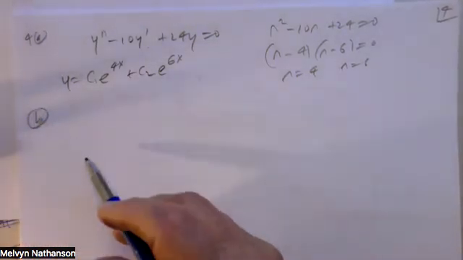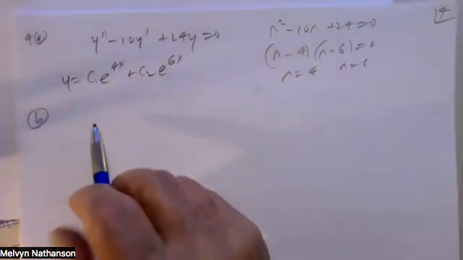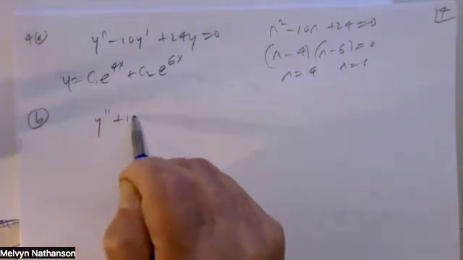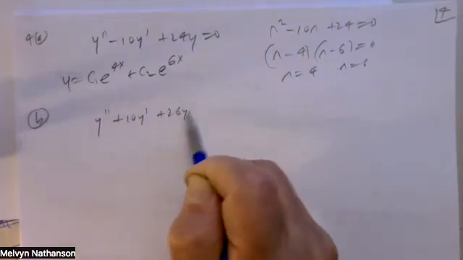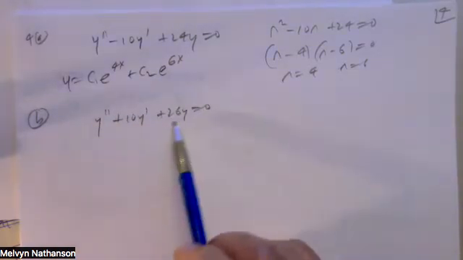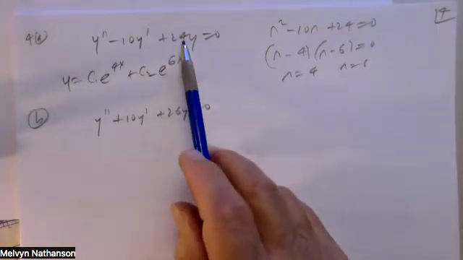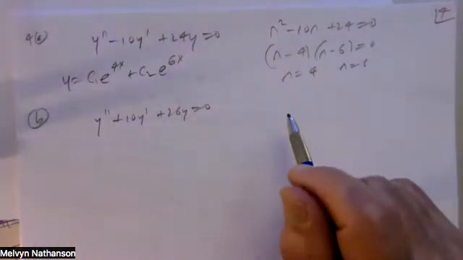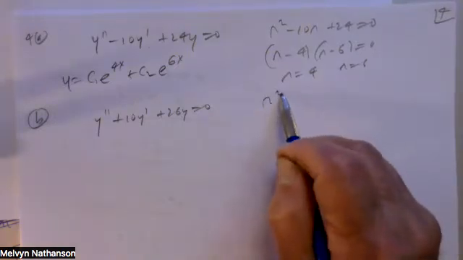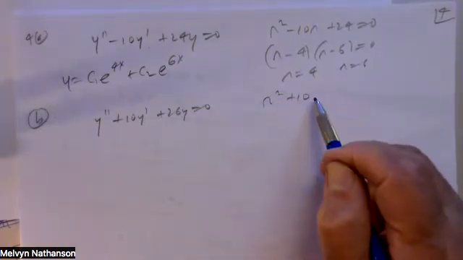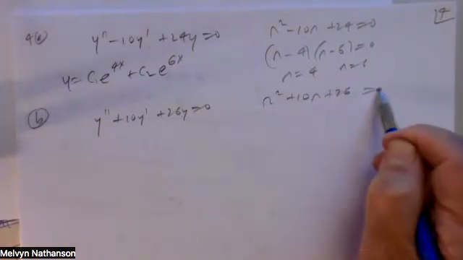Okay. In part B, we have another linear differential equation, y double prime plus 10y prime plus 26y equals 0. Very similar to this, except 24 is now 26. So the associated quadratic equation is r squared plus 10r plus 26 equals 0.